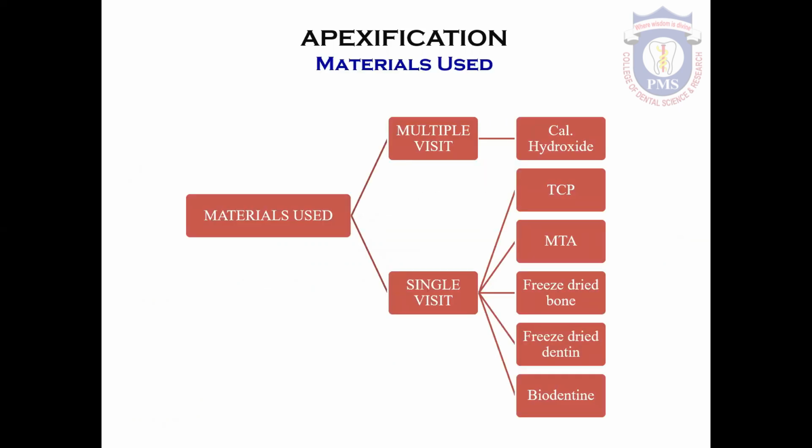Apexification can be done as a multiple visit procedure or single visit procedure. In multiple visit procedure, the medicament of choice is calcium hydroxide, whereas in single visit, MTA, Biodentine, etc. are used.